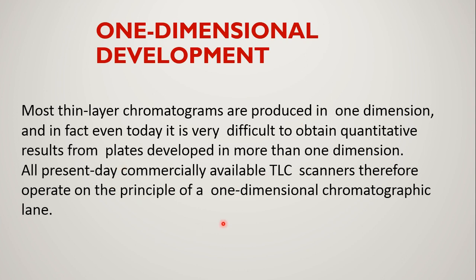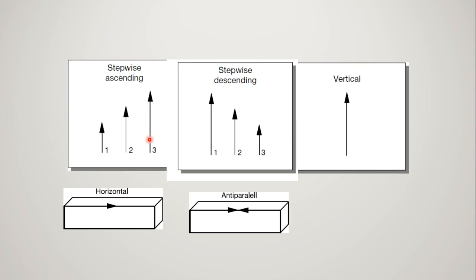But if some specific components are present in our sample which have very similar properties in the same solvent, then we have to change that solvent, and run a second run in the second direction, and then we get a two dimensional chromatogram. So here only one dimensional is shown.